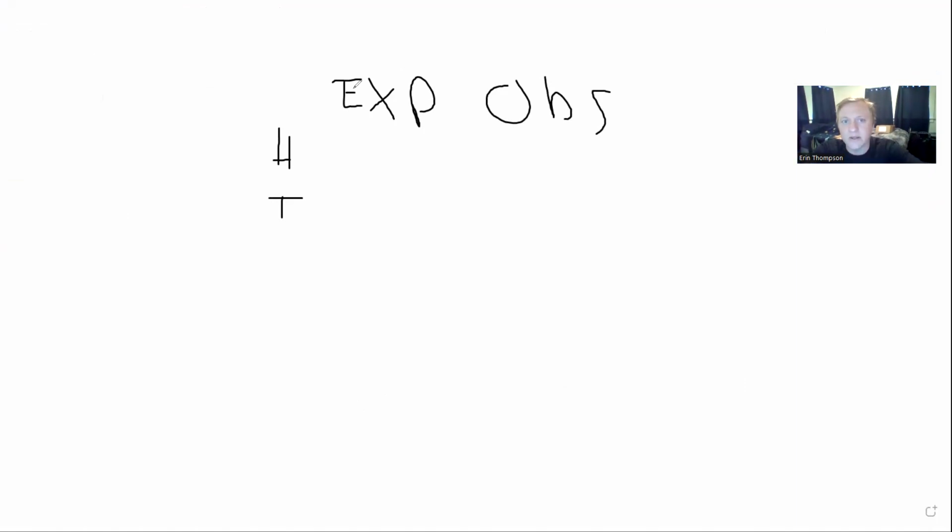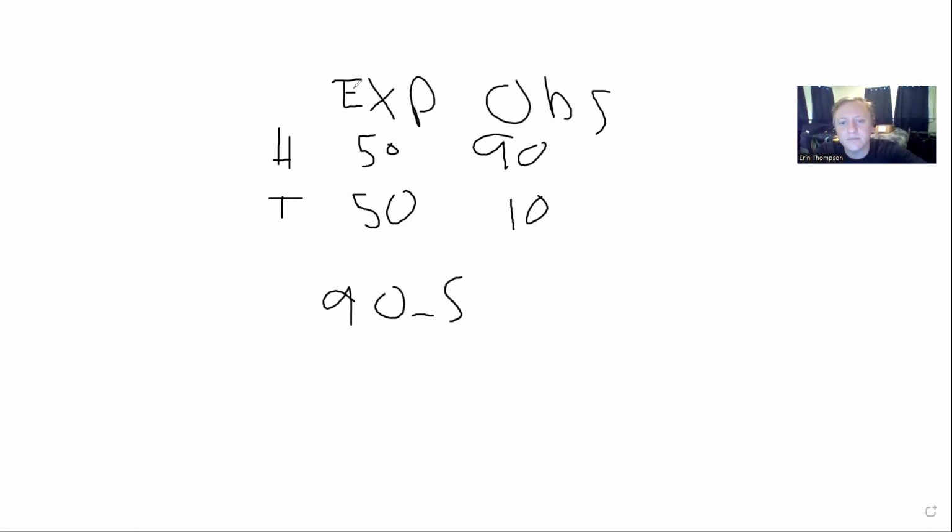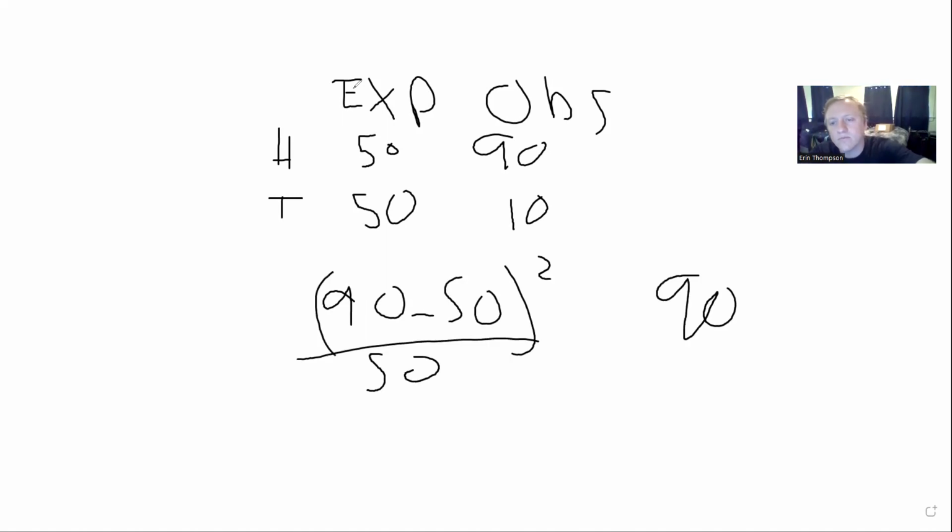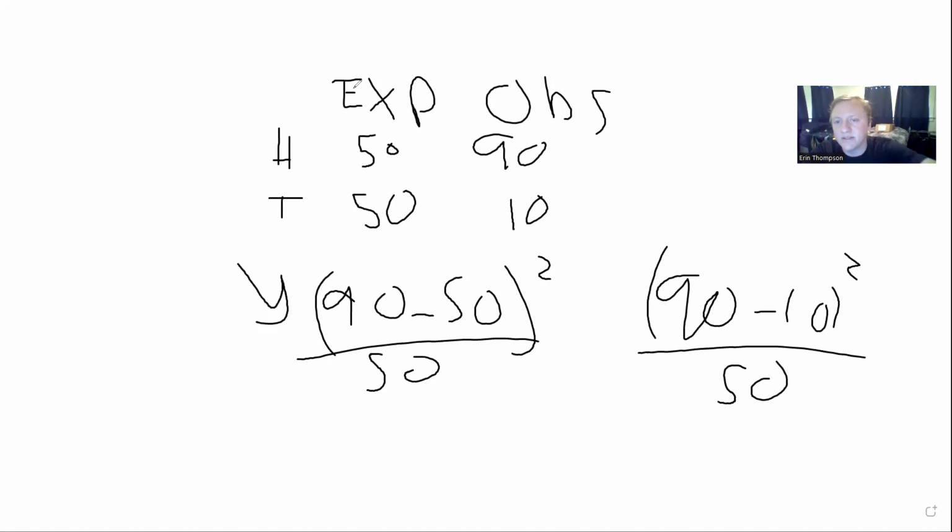You already told me that our expected values were 50 and 50, but let's say we got 90 heads and we got 10 tails. Okay, our formula is observed minus expected, squared, divided by expected. Okay, so this one's for heads, this one's for tails.